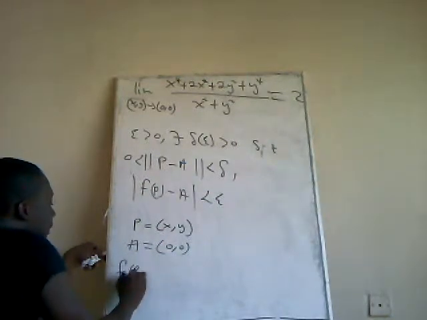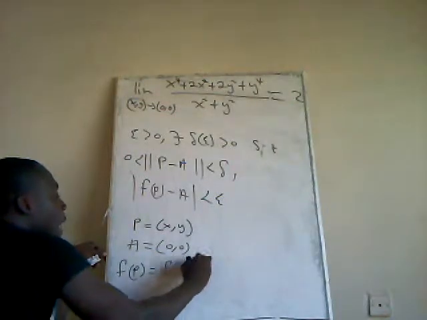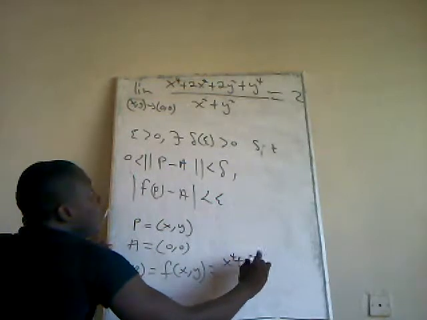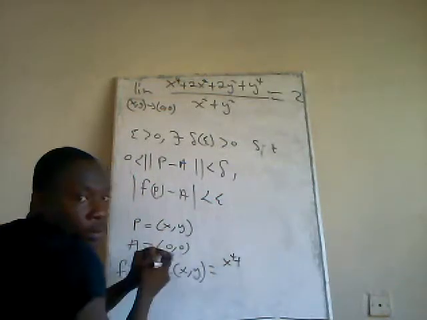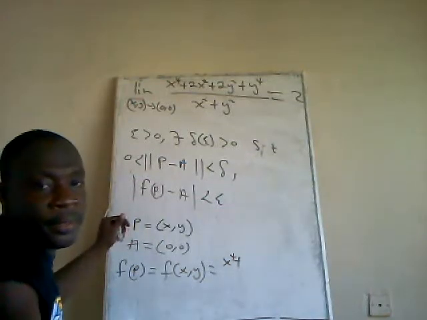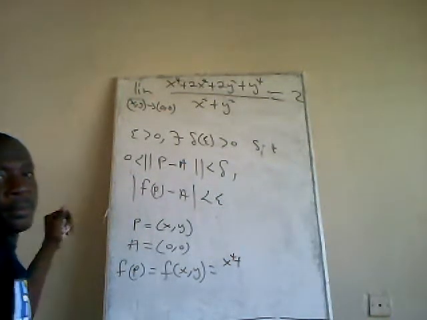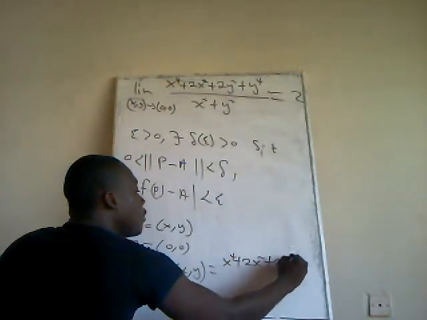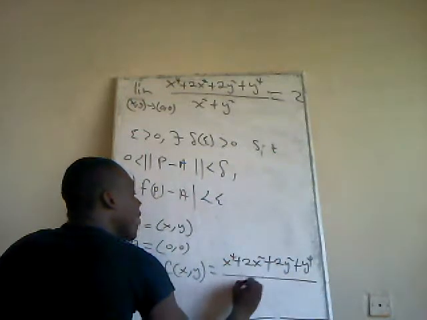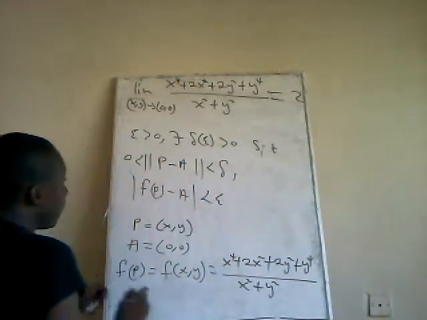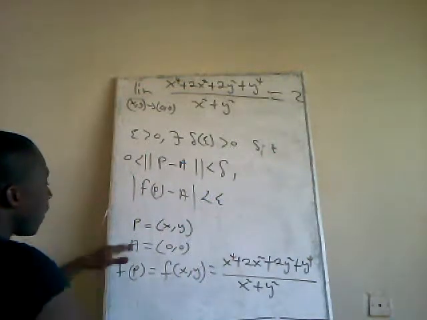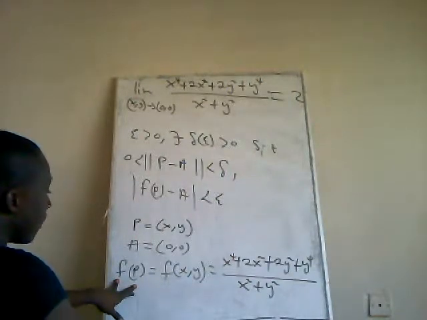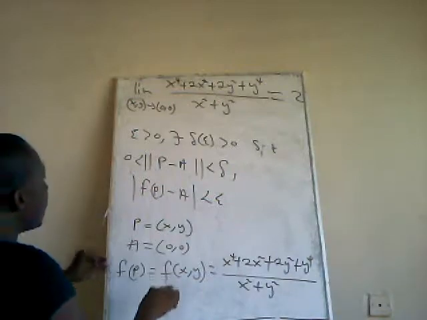And here f of P is the same as f of (x, y), which is x^4 plus 2x^2 plus 2y^2 plus y^4, all over x^2 plus y^2. So we have everything we need. Now we know our P, we know our A, we know f of P, which is f of (x, y). We know all that. Good.